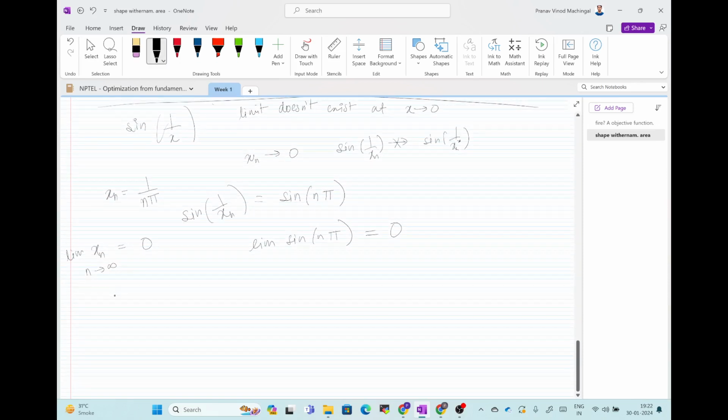But if I take a different sequence, 1 by something, this will go to 1.